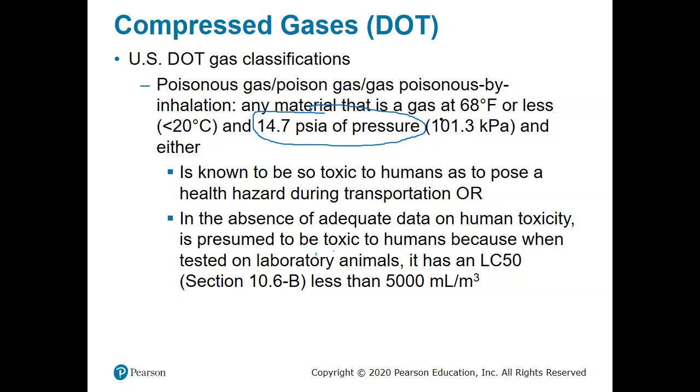So the previous ones, we were talking about 40 psi of absolute pressure. With inhaled toxins, we are talking about 14.7 psi. So literally, if it has a gas in it, even if the gauge pressure is 0, if it has a gas in it, we are considering it to be a toxic gas if one of those two things is true.